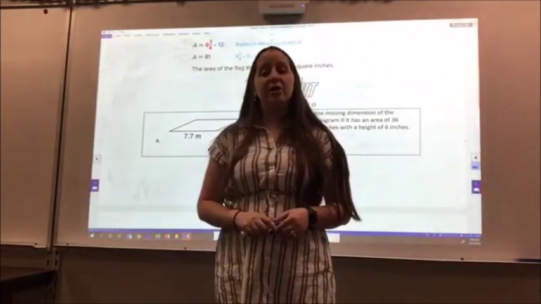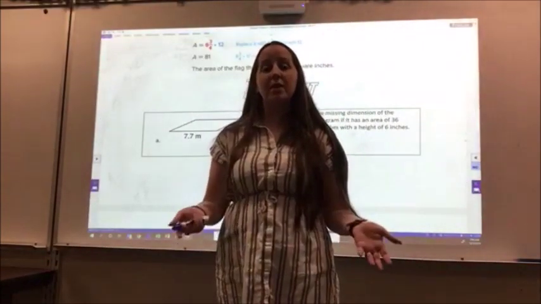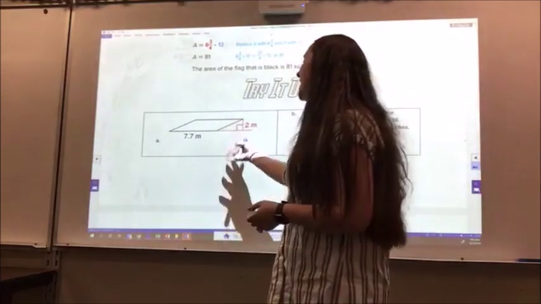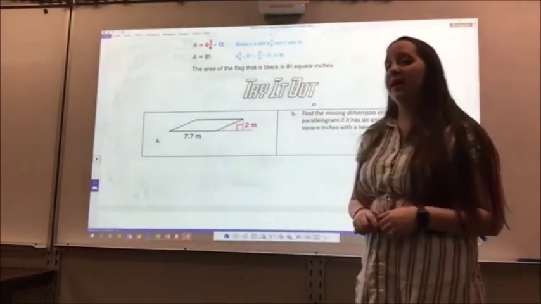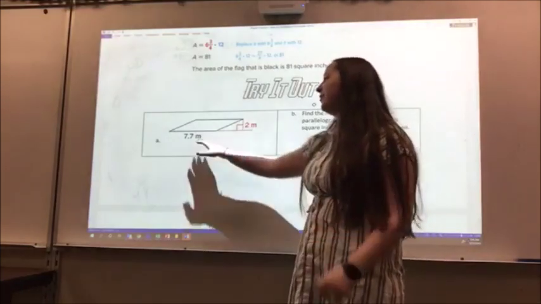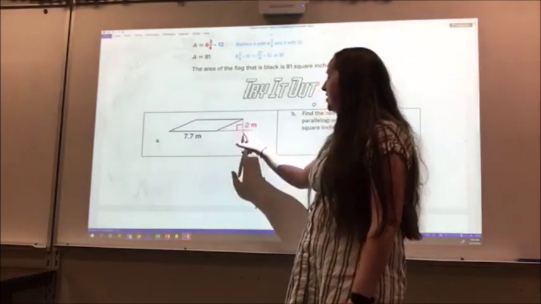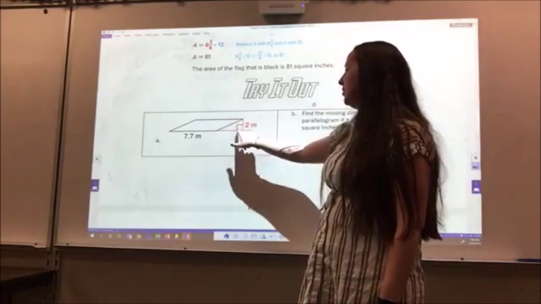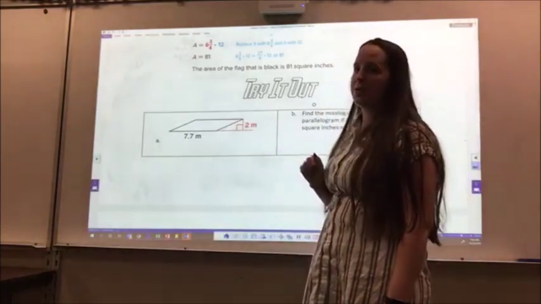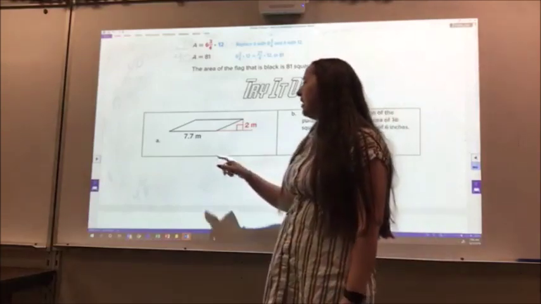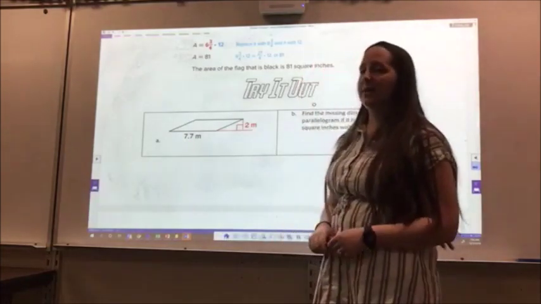All right, now that you've had a chance to try out the try problems, let's go over the answers together. So, for letter A, I'm asked to find the area of the parallelogram. I have 7.7 meters and 2 meters given to me. Okay, I can see that 2 meters is my height, because again, I'm looking for that little square sign that tells me it's a 90-degree angle, and 7.7 is my base.